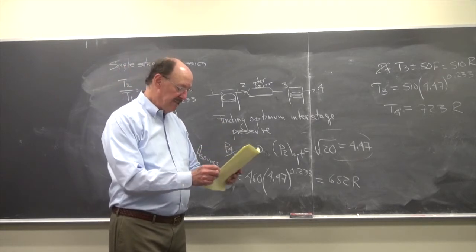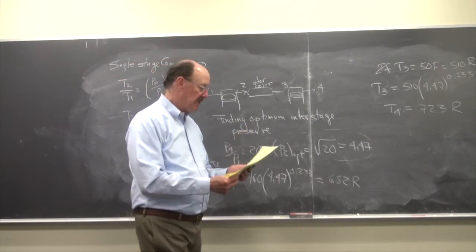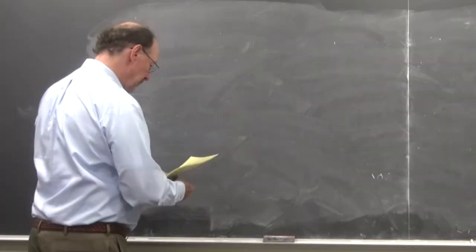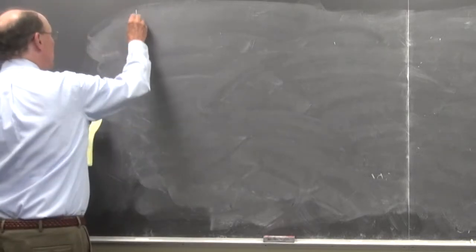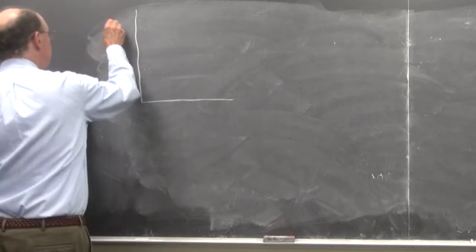So we'll go back and see what this looks like, and then we'll do an example with numbers associated with it. So on a PV diagram, and this figure is in the text, of course.